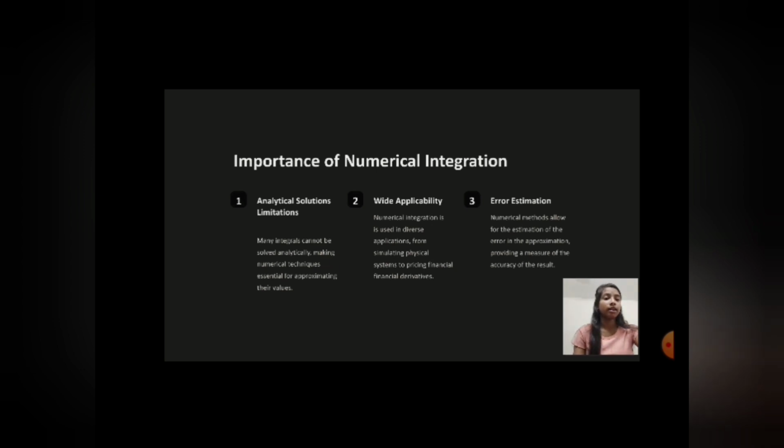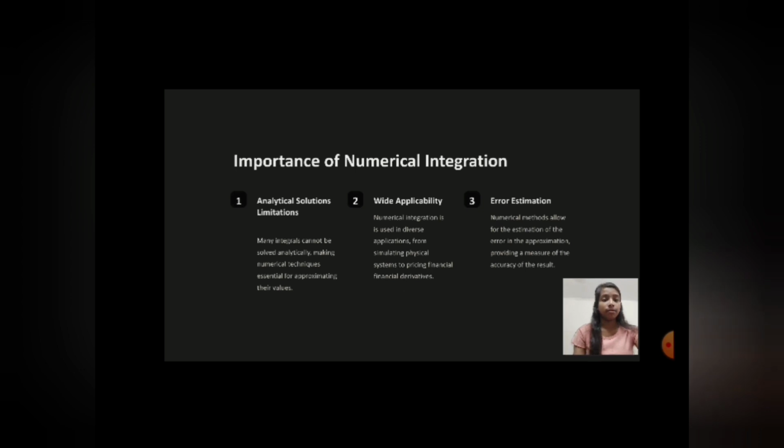Importance of numerical integration. Analytical solution limitations: many integrals cannot be solved analytically, making numerical techniques essential for approximating their values.